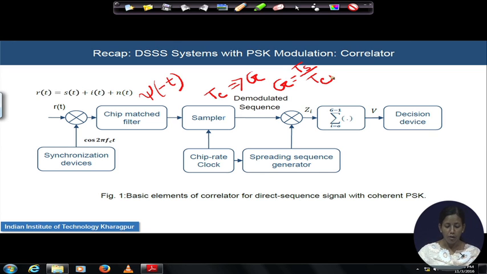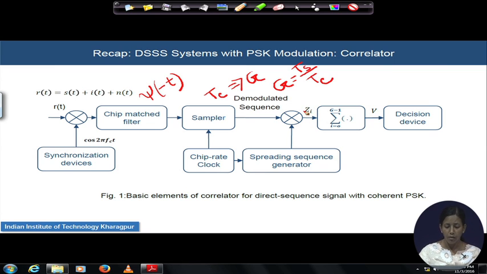The sampler produces G samples, and if the chip clock rate is properly synchronized, it synchronizes the sampler with the spreading sequence generator. The spreading sequence now helps you despread the demodulated sequence, and Zi represents the output of this despread signal.